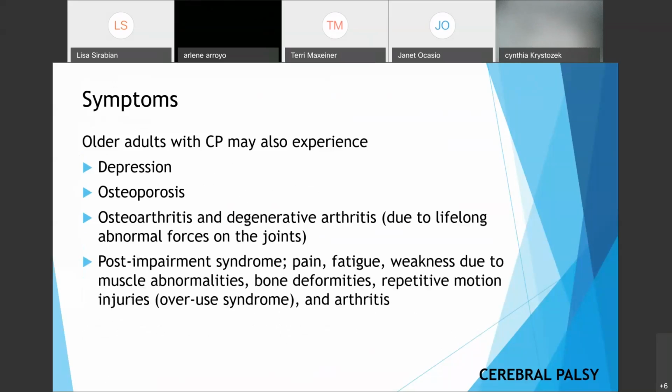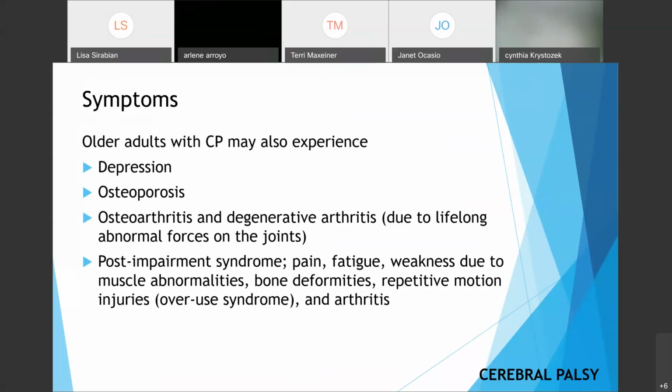So the older adults that we see with cerebral palsy may also experience depression and osteoporosis. And then this next one, osteoarthritis and degenerative arthritis. I don't know about you, but watching folks with cerebral palsy navigate life and just imagining the use of those joints and muscles over time, I can really see how those abnormal forces would cause this.